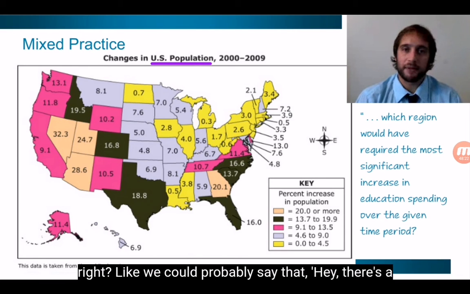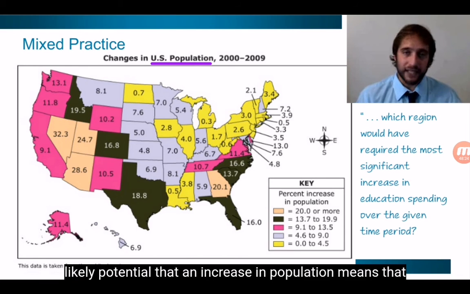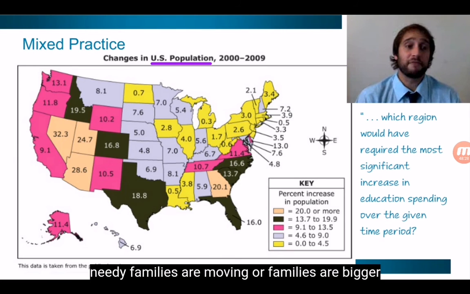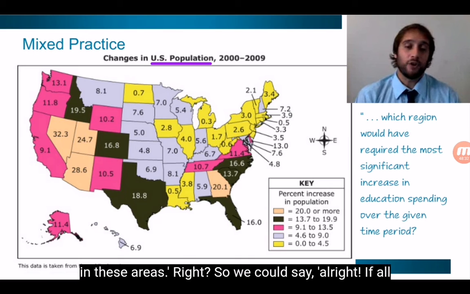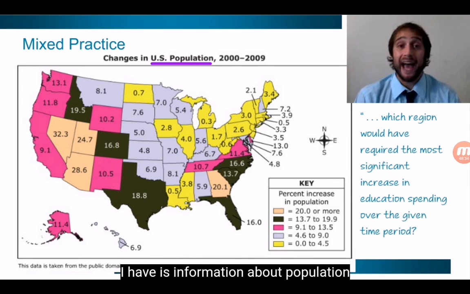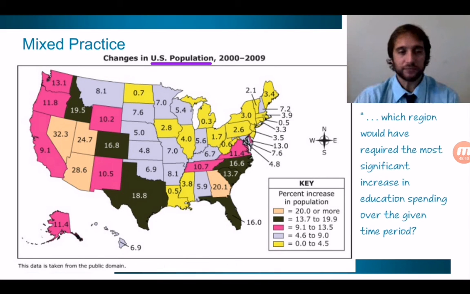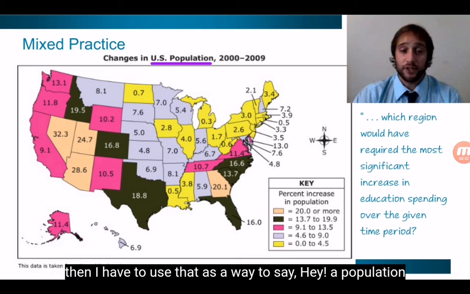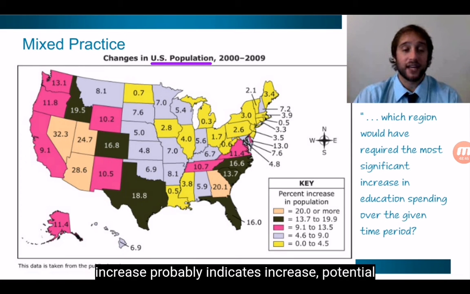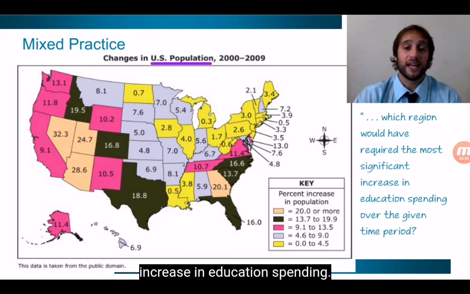We could probably say that there's a likely potential that an increase in population means that families are moving or families are bigger in these areas. So if all I have is information about population increase or population change, then I have to use that as a way to say that a population increase probably indicates a potential increase in education spending.